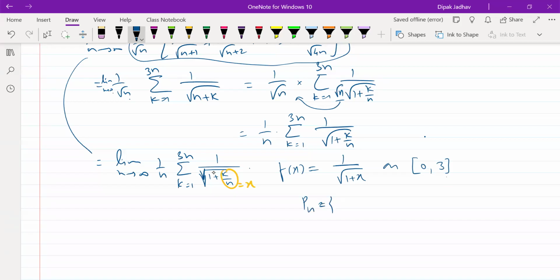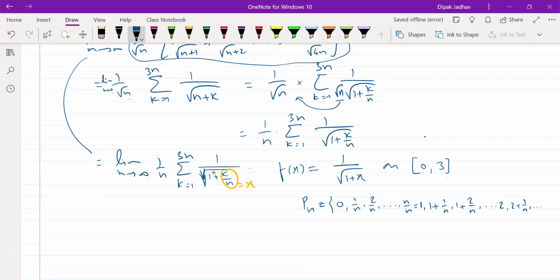But P_n this time is not just up to here. We need to partition this further. So 1 plus 1 by n, 1 plus 2 by n, and so on. We'll have 2, then 2 plus 1 by n.